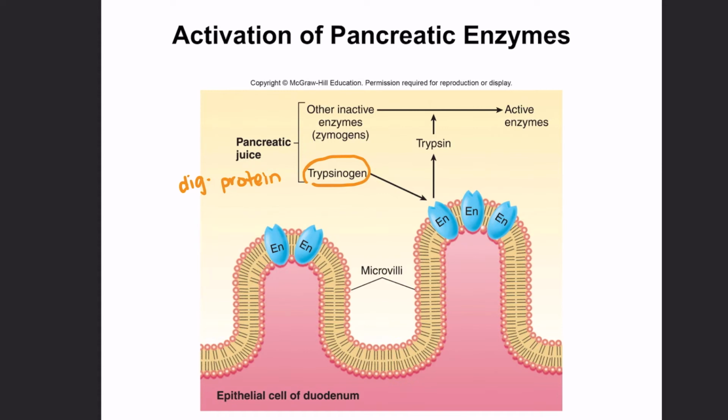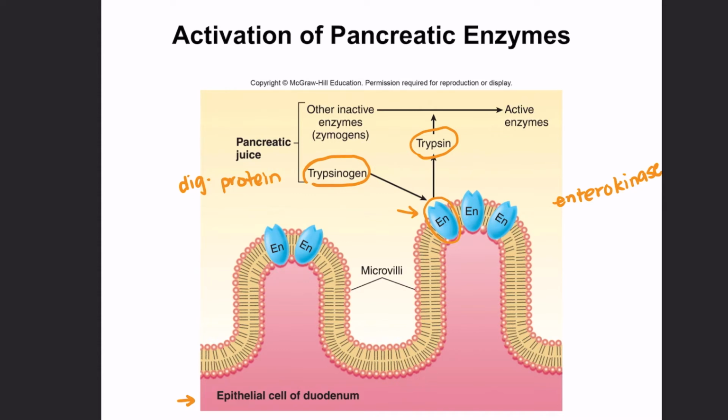When it comes into contact with a surface epithelial cell of the small intestine of the duodenum, these are showing enterokinase cells, that is going to activate it, and then it becomes trypsin, which is the active protein digesting enzyme.